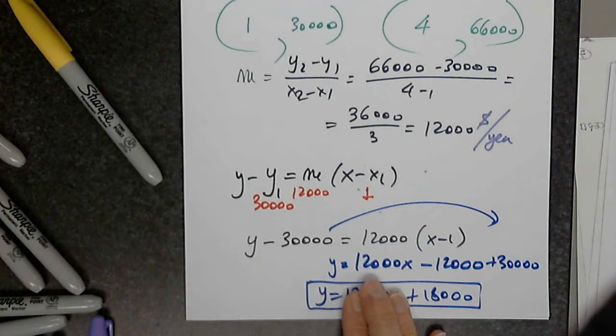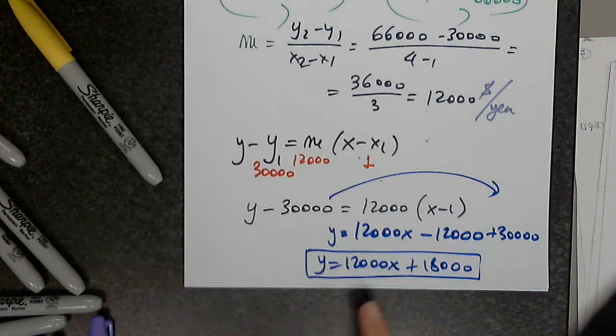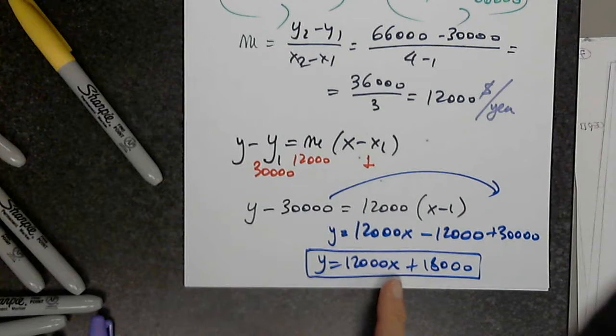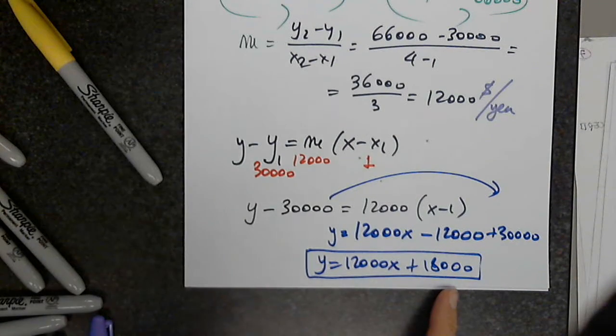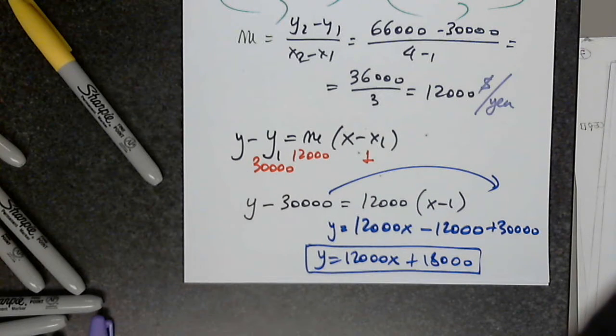That's his initial opening of the business. So if he produces 1 item, then he makes 30,000. If he produces 2 items, 2 times 12,000 plus 18,000, and so on and so forth. This is for the first year. So 0 will not really mean anything. Very good. Any questions on this?